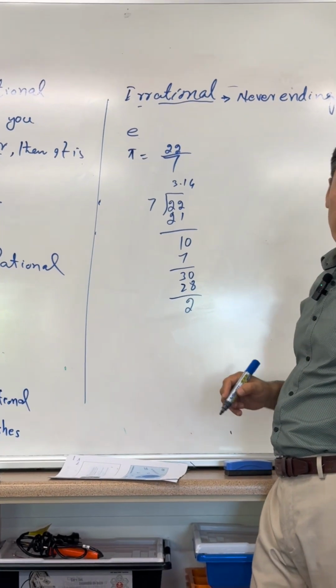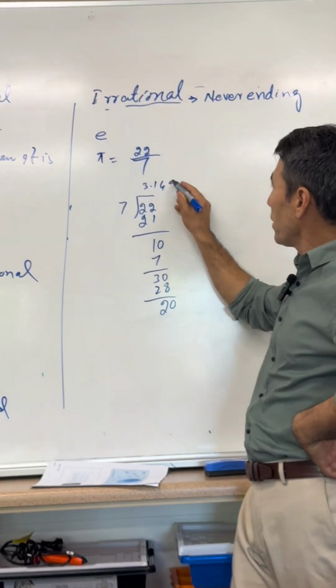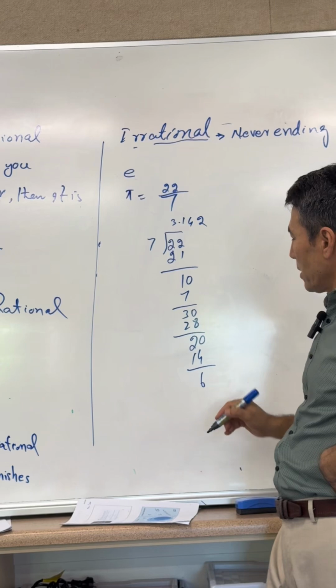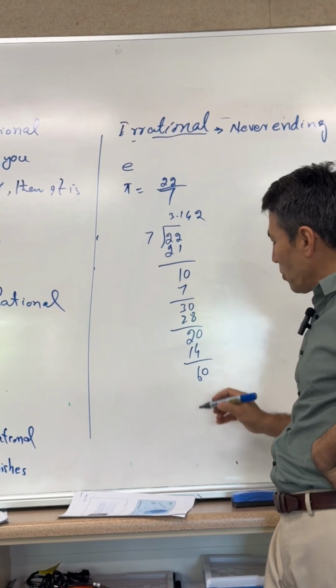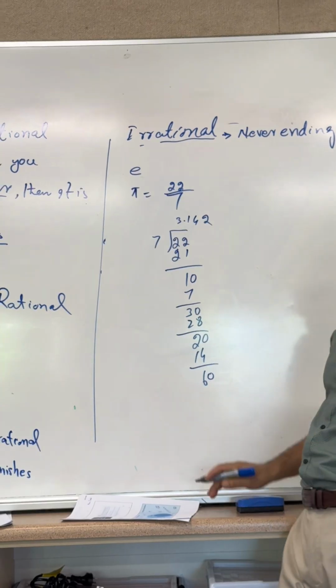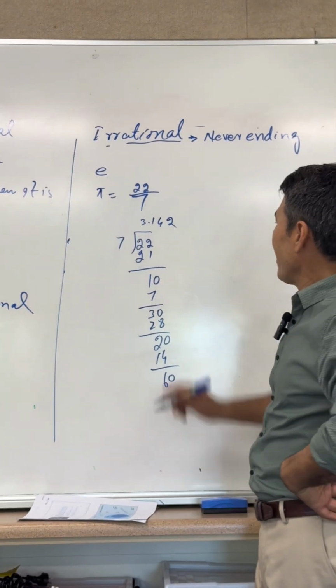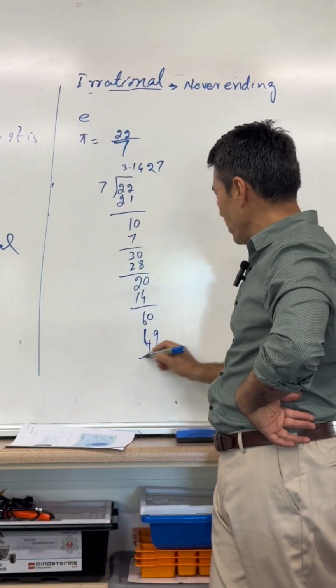Again, introduce 0. 7 2s are 14. 6. Now, if I put 0, 6 is smaller than 7. Put 0. 6 closer to 60. 7 7s are 49. 4 9 1.